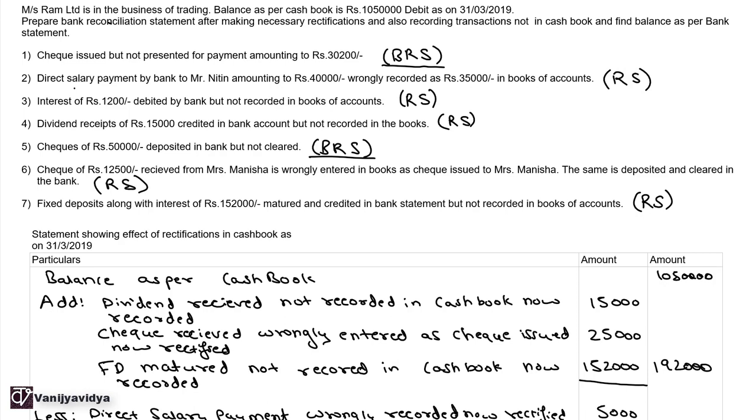But since the same are not recorded in the bank statement, the balance in the bank statement will be less as compared to your cash book by 50,000. Here since we are moving from cash book to bank statement, this 50,000 needs to be reduced in your bank reconciliation statement.